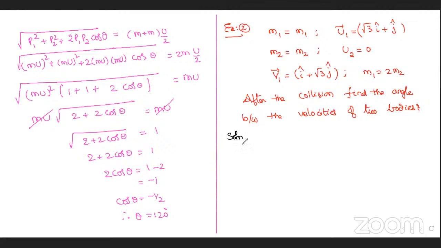Who will try this one if you understood the question? Who will try? Anyone, please? Big B or small b? Okay, Ishan, sure.